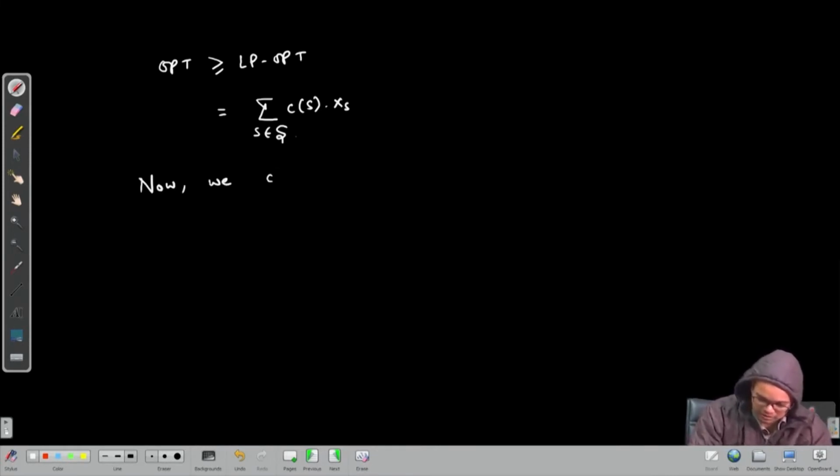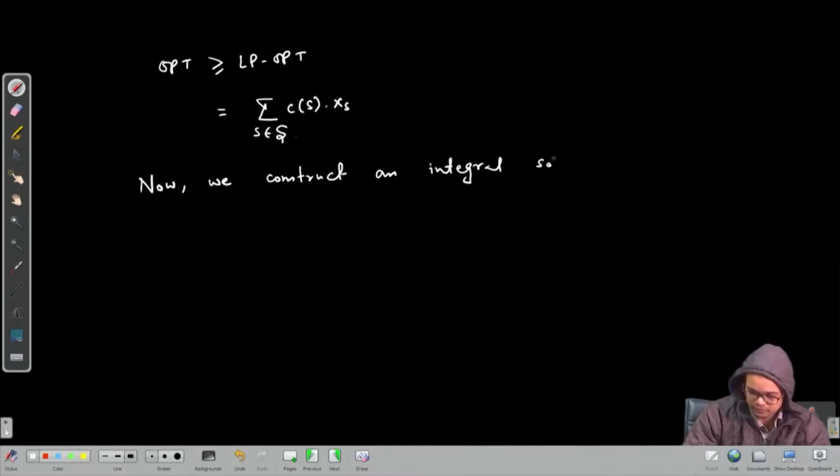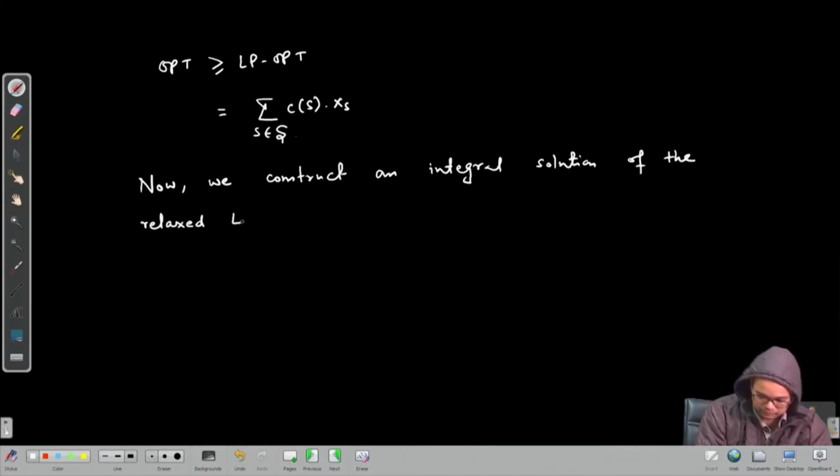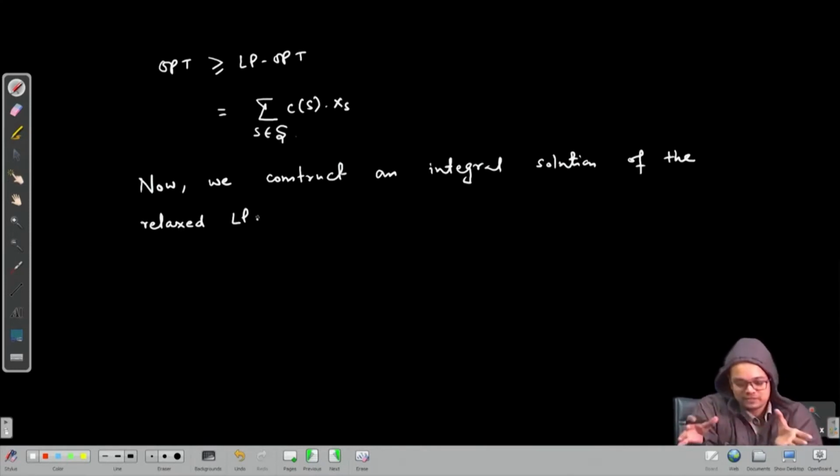Now we construct an integral solution of the relaxed LP. And this is the most non-trivial step of this entire process. The steps till now are sort of mechanical, they are always there.